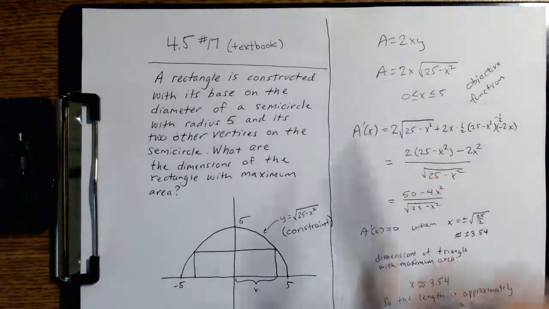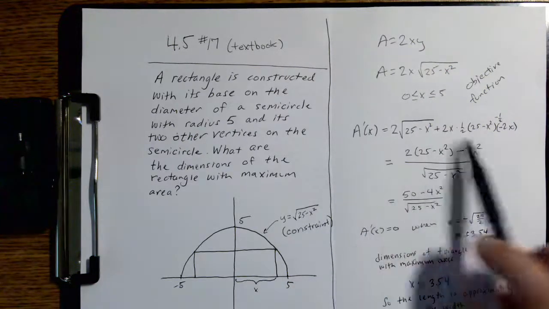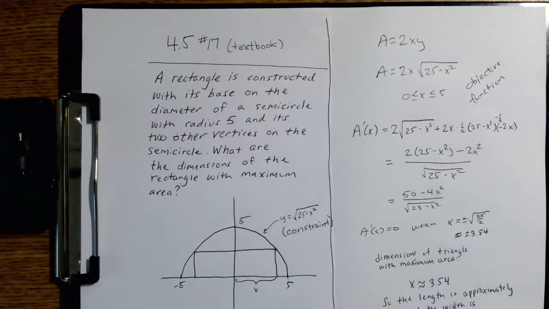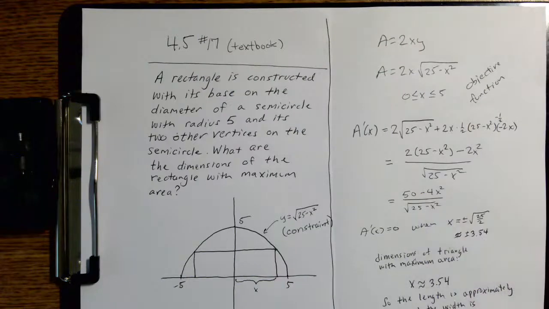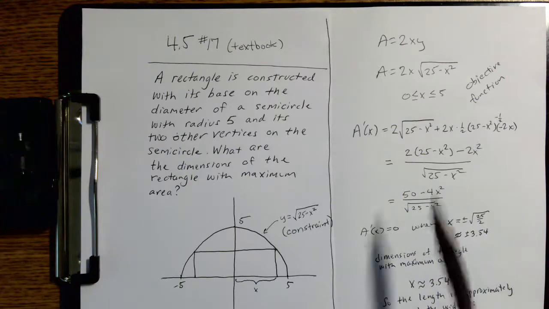Okay, so once we have our objective function in terms of one variable, now we want to take the derivative. So here's where the calculus comes in. Here's where this becomes an application of derivatives. We take the derivative, and what we're looking for is the set of critical points, any critical points in our domain.